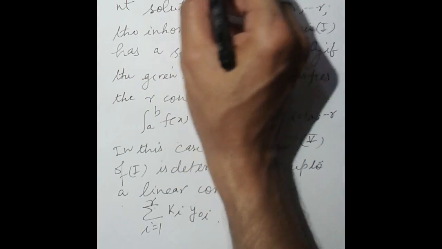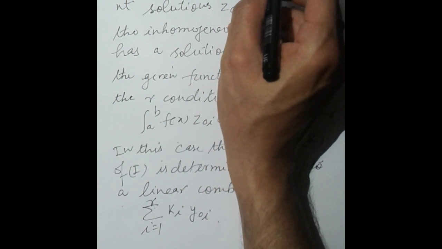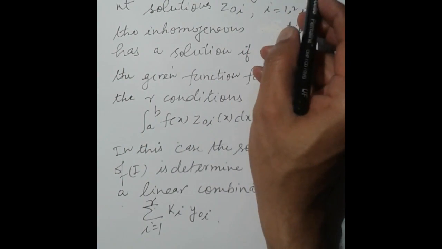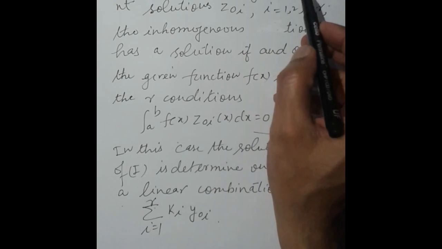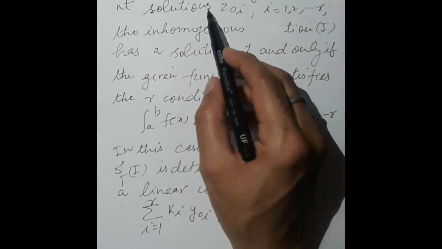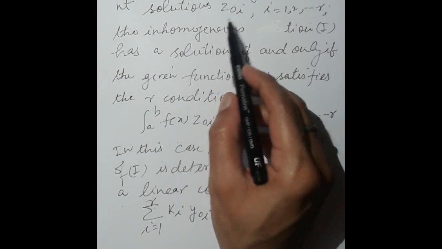In the second case, the transposed homogeneous equation z(x) equal to lambda, the integral from a to b k(t,x) z(t) dt also has r linearly independent solutions z naught i.